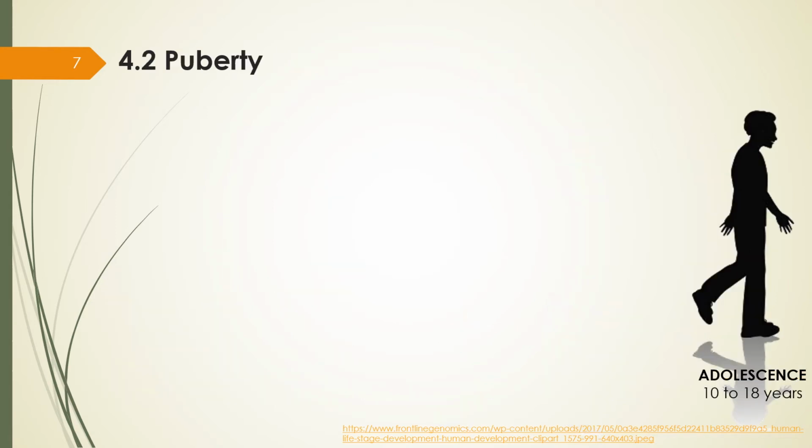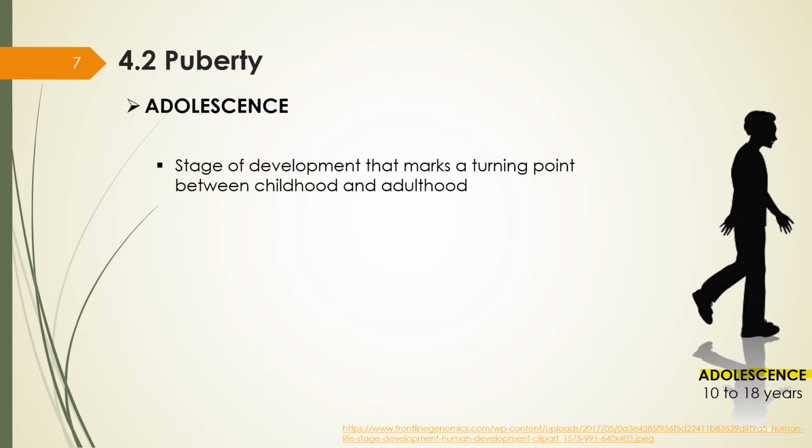In the adolescent age, from 10 to 18 years, there is a lot of transformation in your body, okay? And then we call it puberty. So adolescence is the stage of development that makes a turning point between childhood and adulthood.